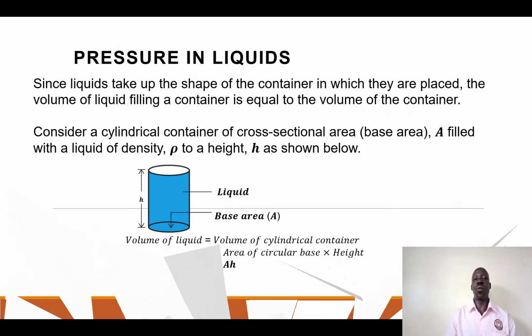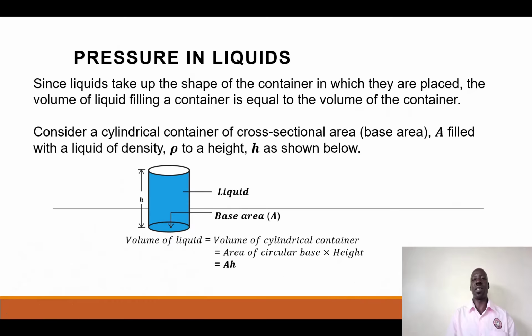Now, today we are going to look at pressure in liquids. And class, since liquids take up the shape of the container in which they are placed, the volume of liquid filling a container is equal to the volume of the container.